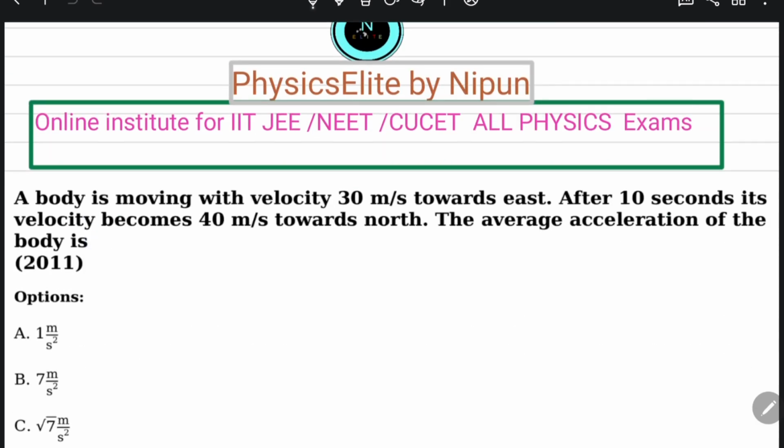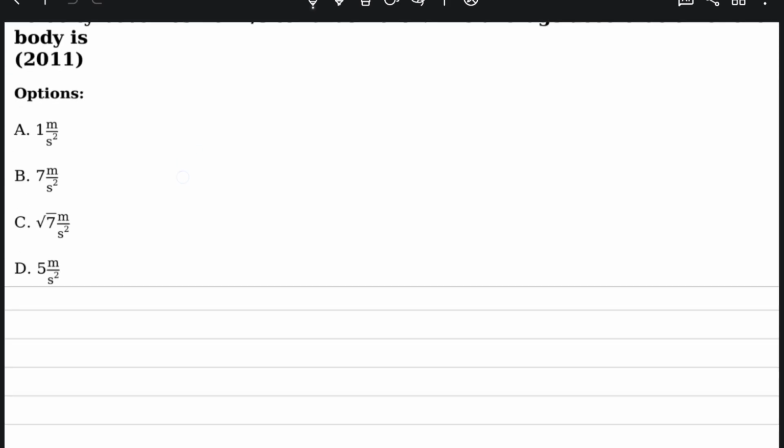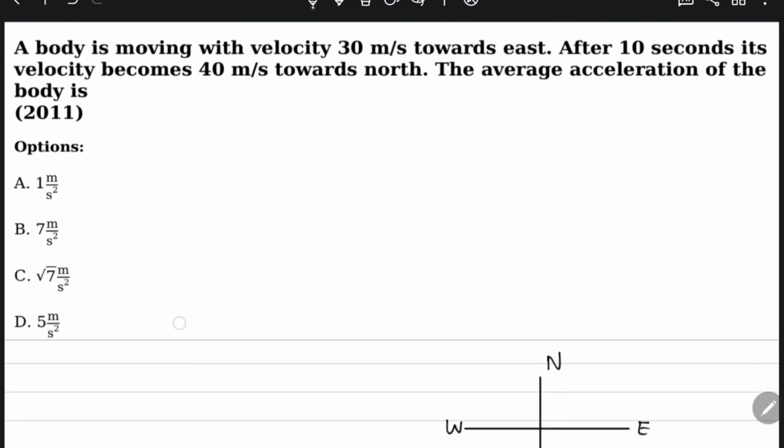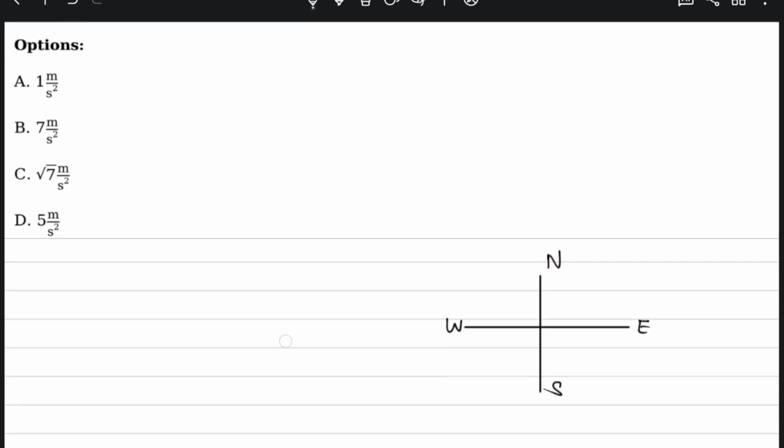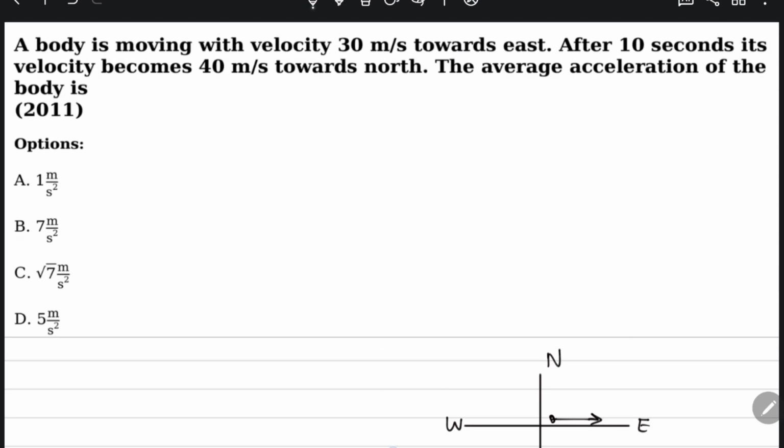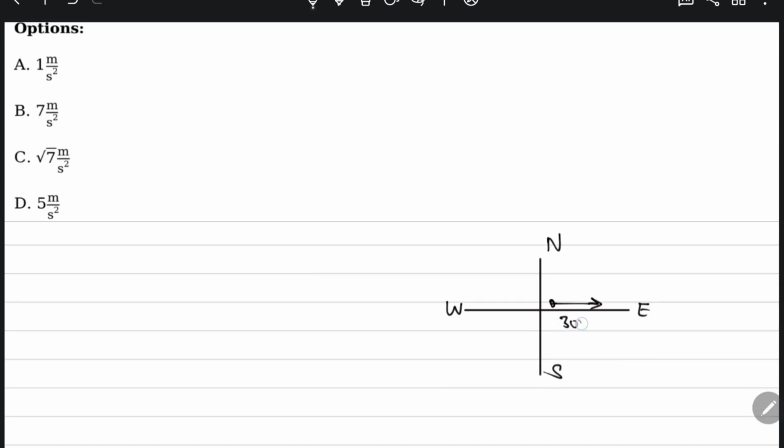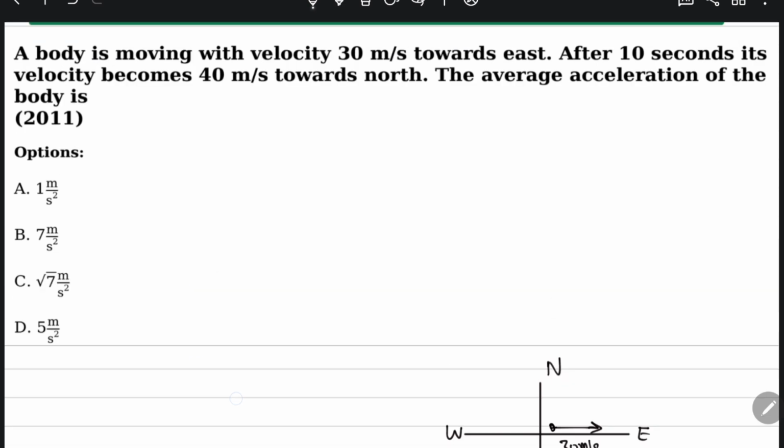A body is moving with a velocity 30 meter per second towards east. It is like this. Just make the diagram and we solve the question first. East, west, north, south. A body is moving with a velocity 30 meter per second towards east. After 10 seconds, its velocity becomes 40 meter per second.